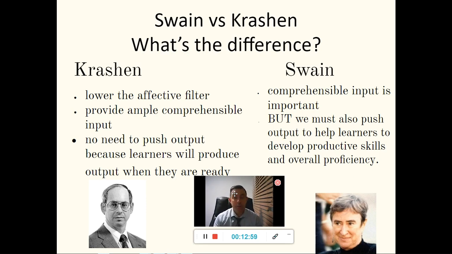Swain is building off of what Krashen said, right? Swain is saying, I+1, I like that. That fits with my own ideas about language acquisition, but I'm also going to point out that output deserves just the same amount of attention as input does for Krashen.